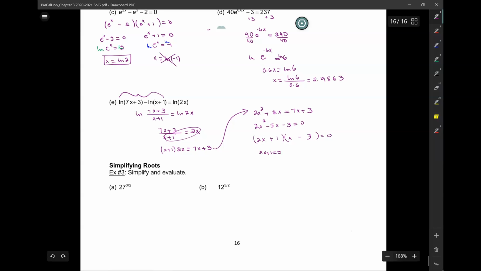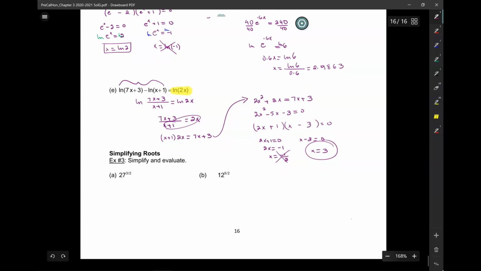So 2x plus 1 equals 0, x minus 3 equals 0. 2x equals -1, x equals -1/2, and here x equals 3. But when you look here, you see that x equals -1/2 will give an ln of a negative number, so that doesn't work. So x equals 3 is my only answer.